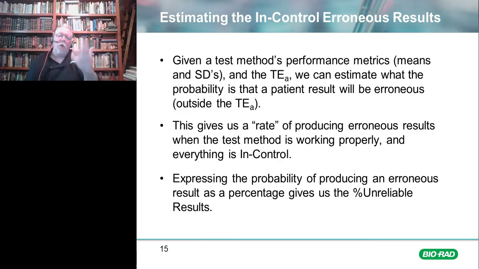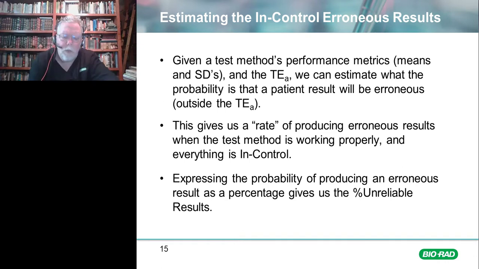I can then take that probability and compute my rate of producing erroneous results when the test method is working properly.